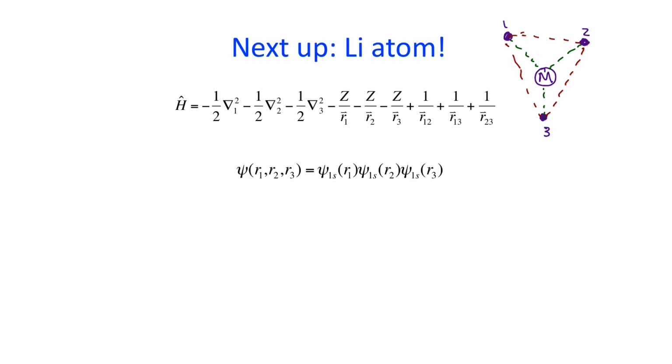So let's just place our electrons all in our 1s orbital. So we've got electron 1 in the 1s, electron 2 in the 1s, and electron 3 in the 1s, right? That seems like a reasonable first guess for how things are going to be situated for our system.